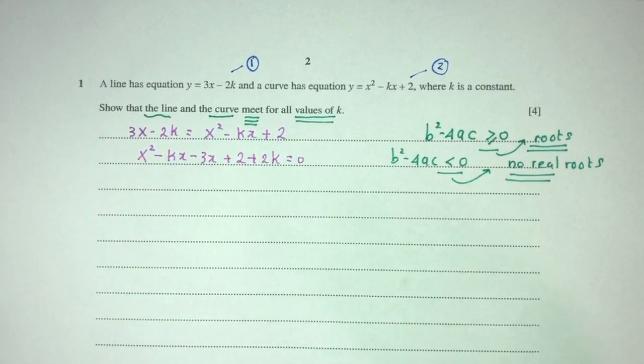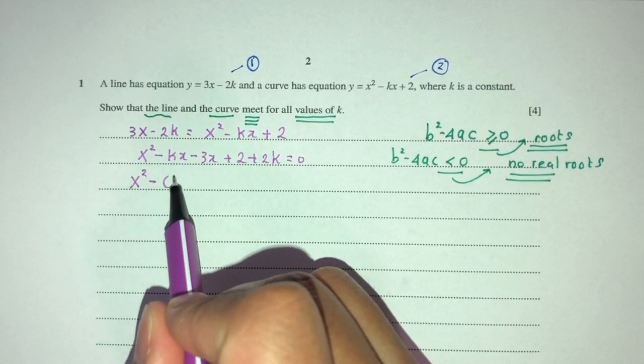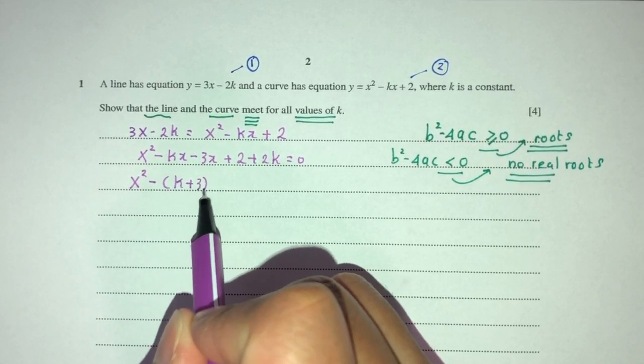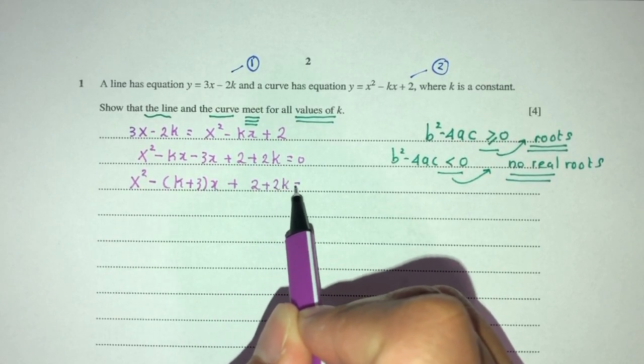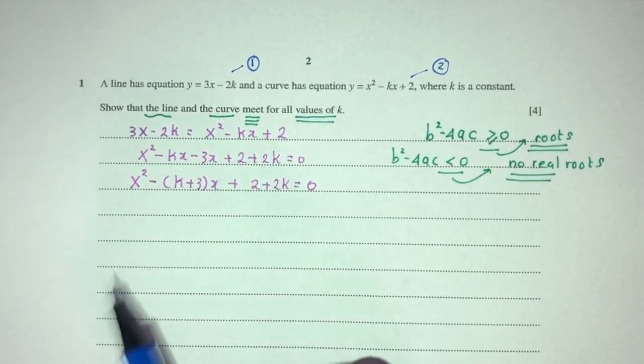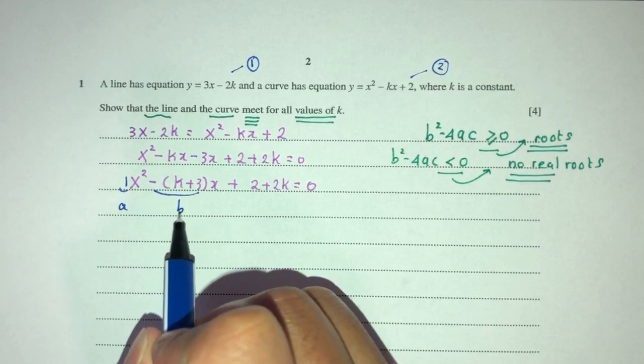Now let's try to make this look pretty, look in a simpler way. For example, I can factorize the minus sign, that should become minus (k plus 3)x, and then plus 2k over here. Now we should know this is the value of a, value of b, of c.